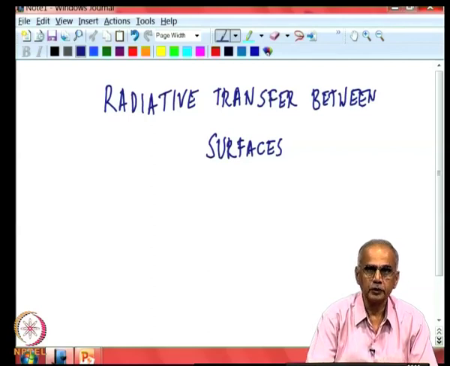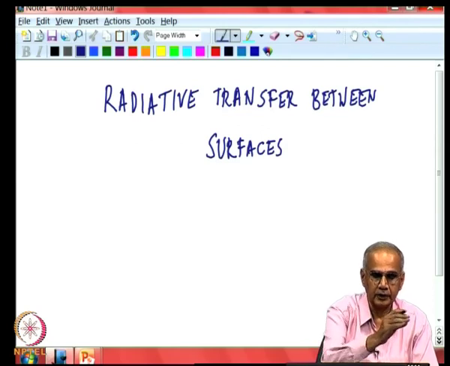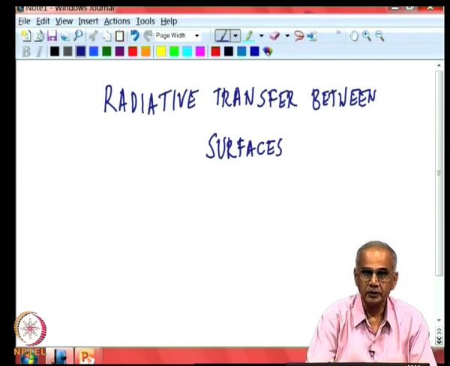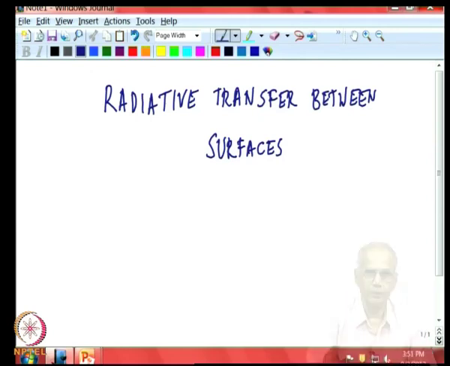So, this problem is one of geometry, three-dimensional geometry, because as you know, radiation leaves a surface in all directions, all the 3 dimensions, and we would like to know what fraction actually reaches another surface in order to calculate the radiation impinging on the surface. So, this problem is fundamentally a purely 3-dimensional geometry problem.